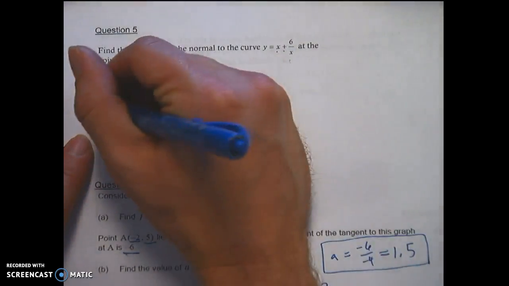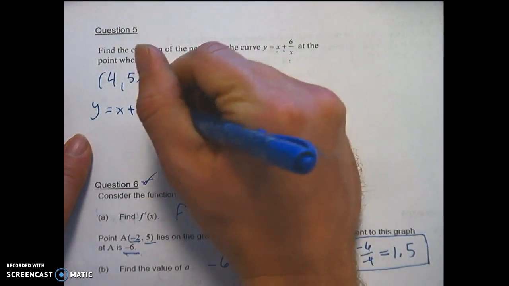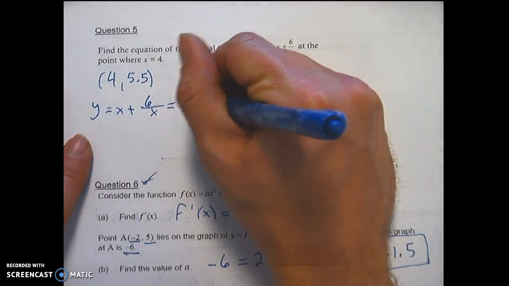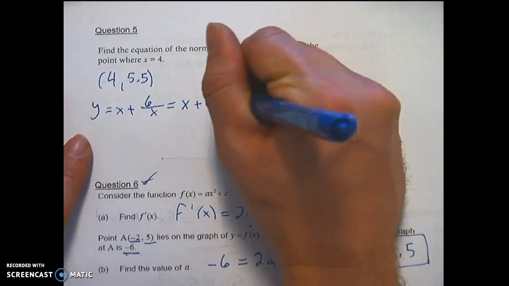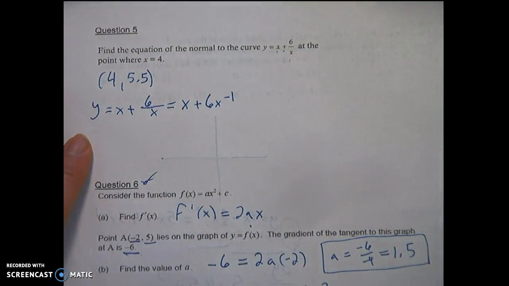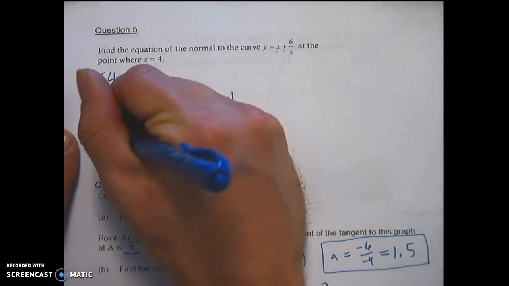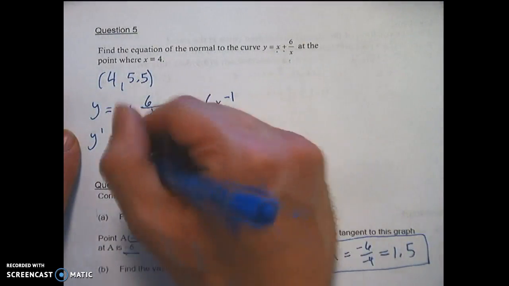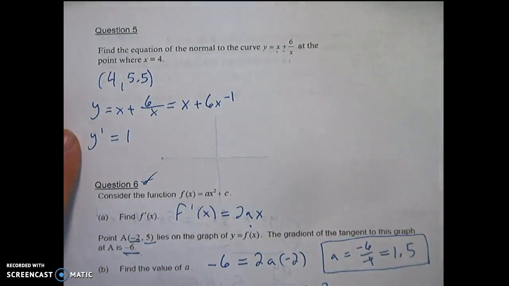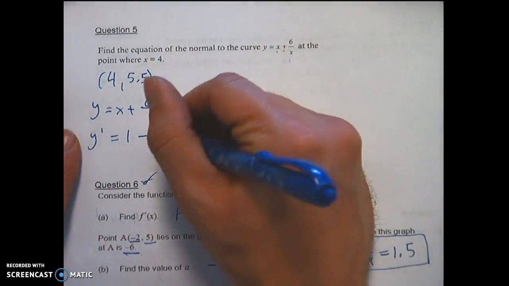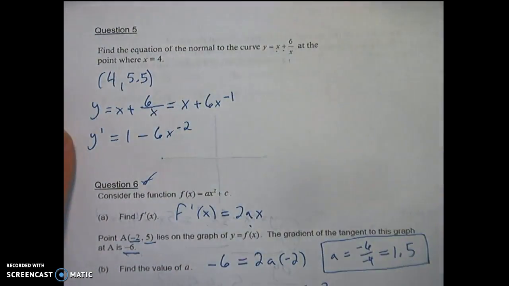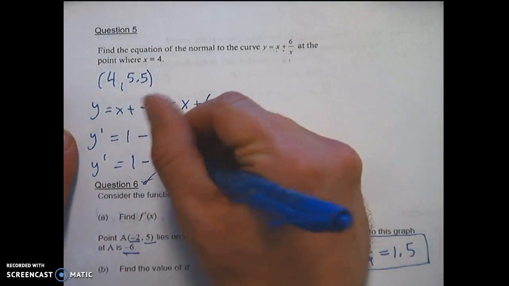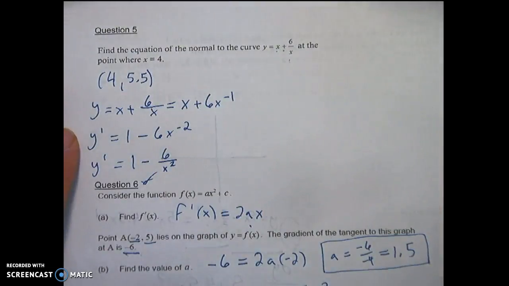I also know that the equation is y equals x plus 6 over x, which I always rewrite as x plus 6 times x to the negative first power. From that, I can find the first derivative, y prime, which is 1 times x to the 0th power, minus 6 x to the negative 2. I always rewrite that as 1 minus 6 over x squared.